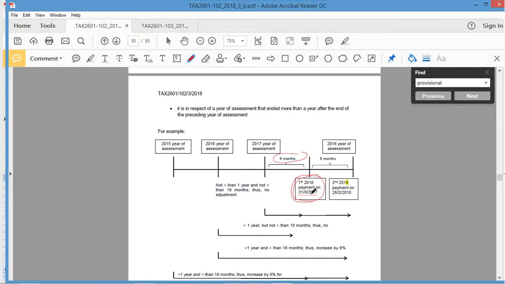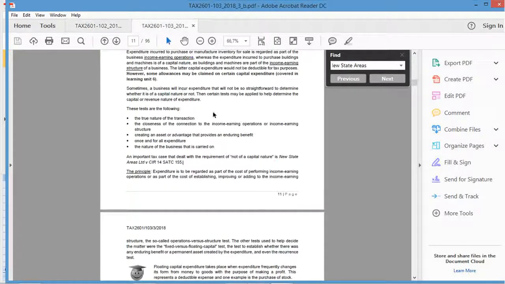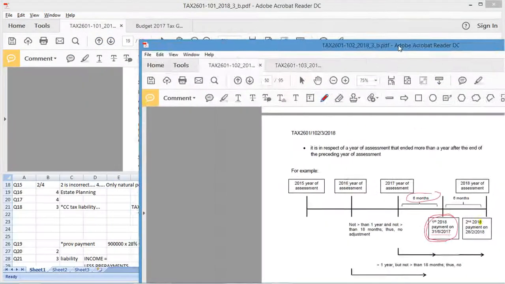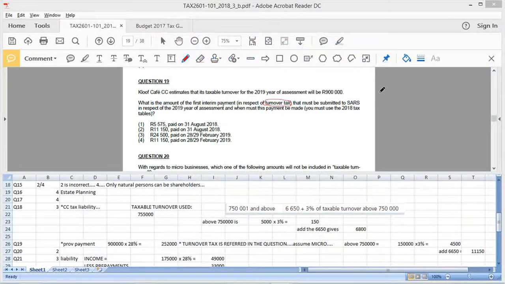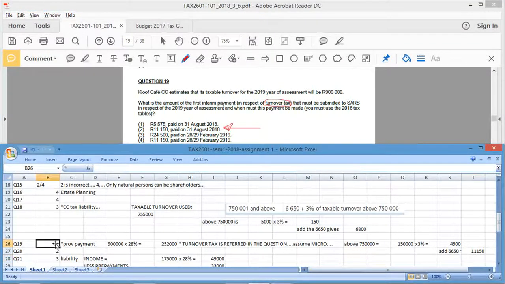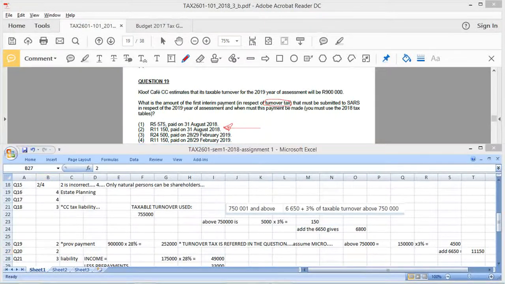The year is not important because this will vary year by year. Here, sorry, not there, other page. Here, 31st August 2018, for the 2019 year of assessment, because that's the current year that we're looking at. So option 2. And that covers question 19.